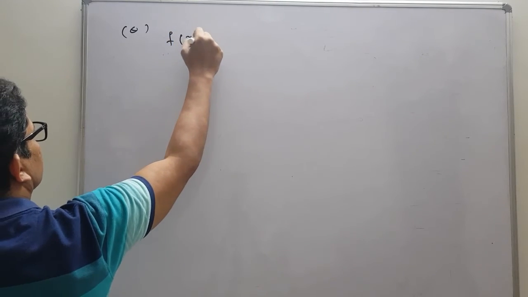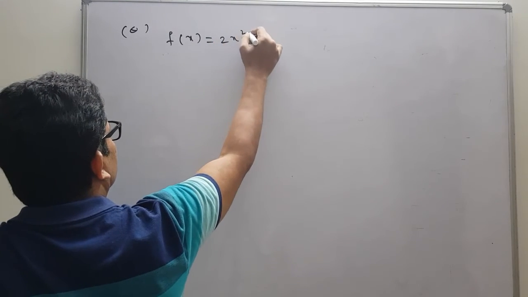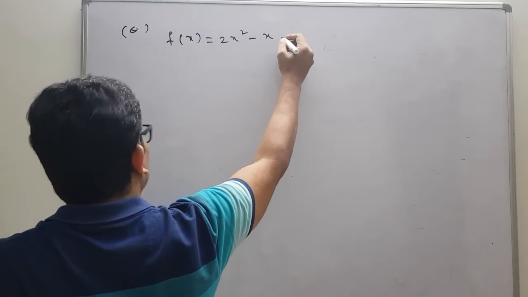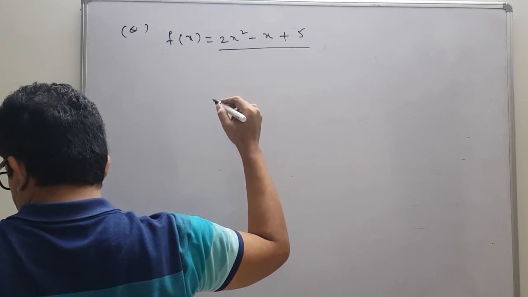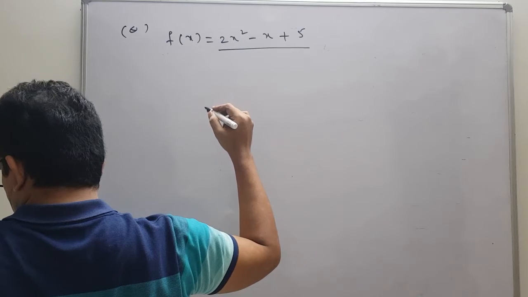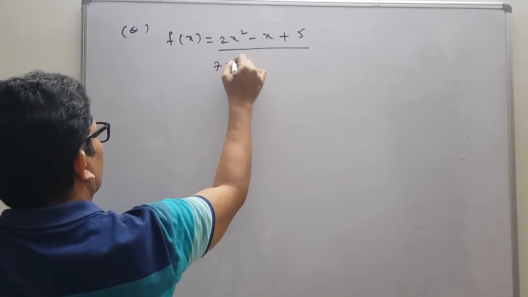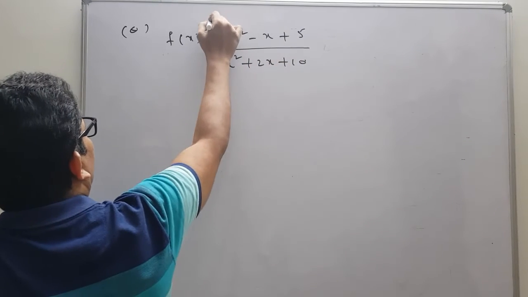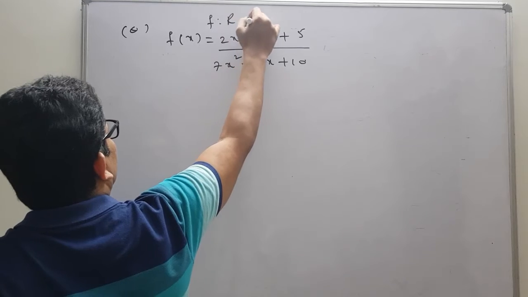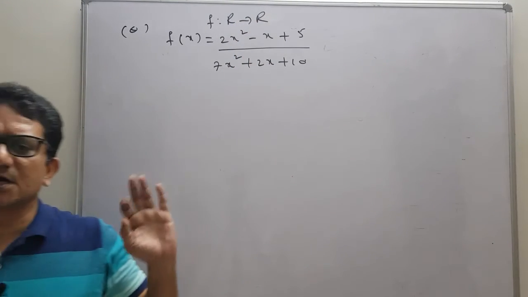F of x equals to 2x square minus x plus 5 divided by 7x square plus 2x plus 10, and the function is defined from R to R. We need to check whether this function is 1 to 1 or not, that's it.